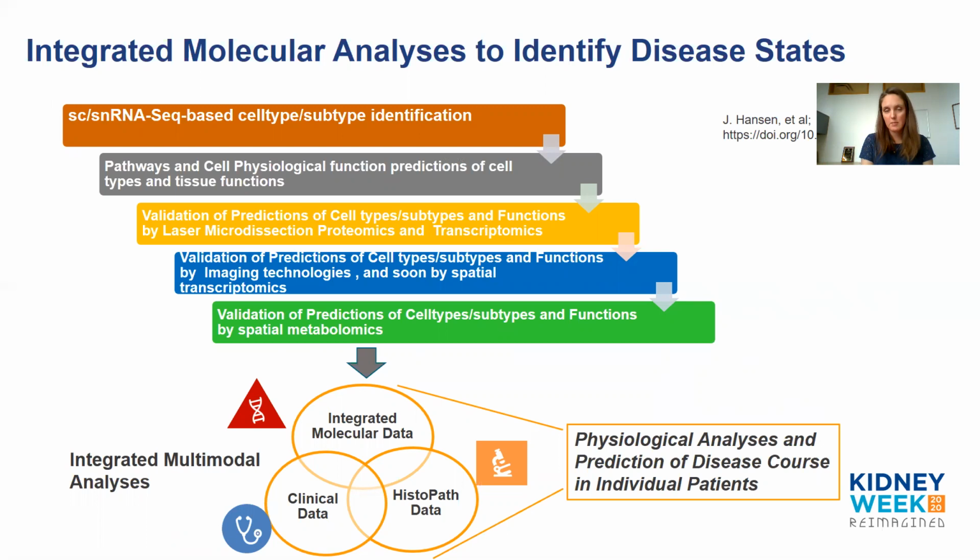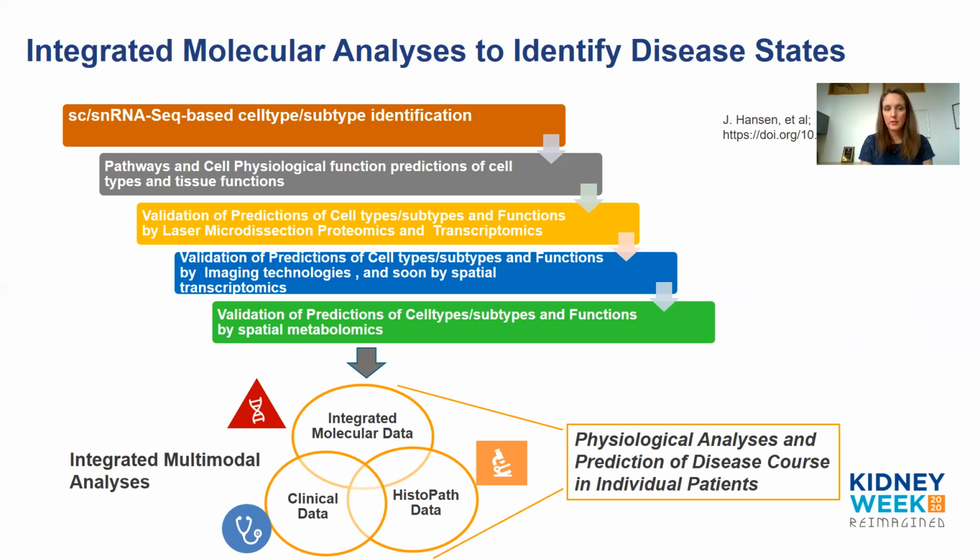So you could imagine starting with single cell data, and from that you could understand specific cell functions and pathways that are relevant within specific cell types. Then you can use laser microdissection, proteomics and transcriptomics to assign those cells to a specific region.